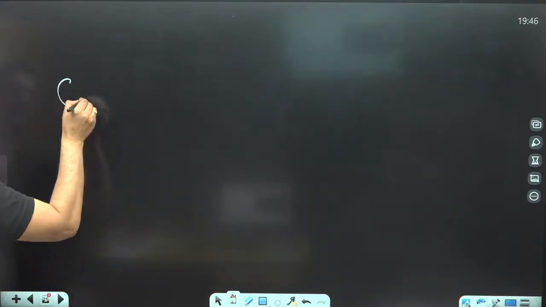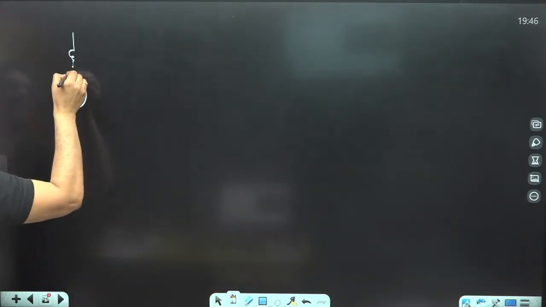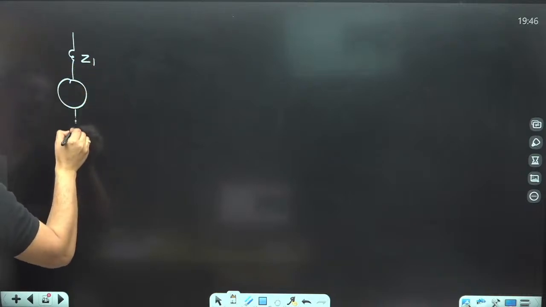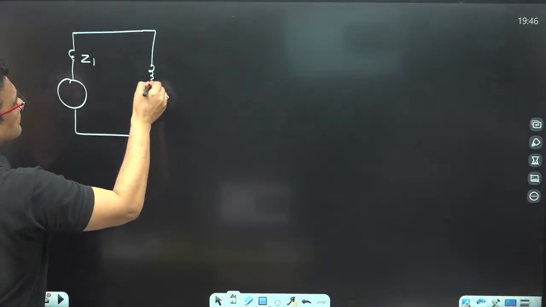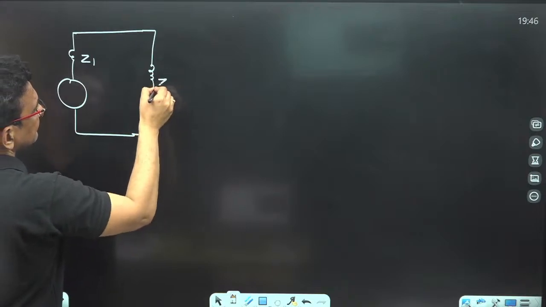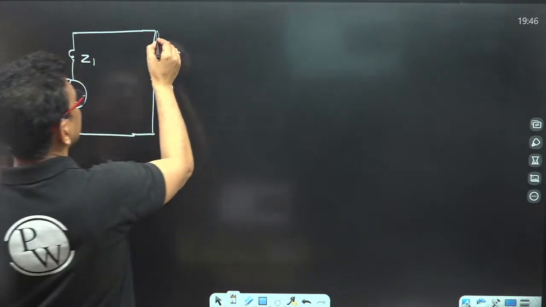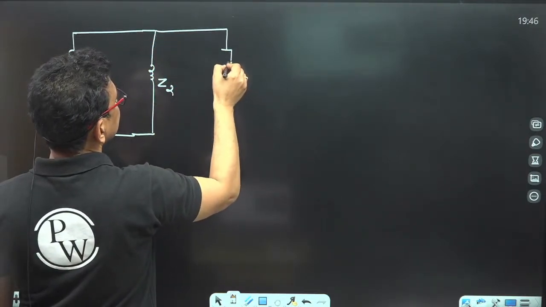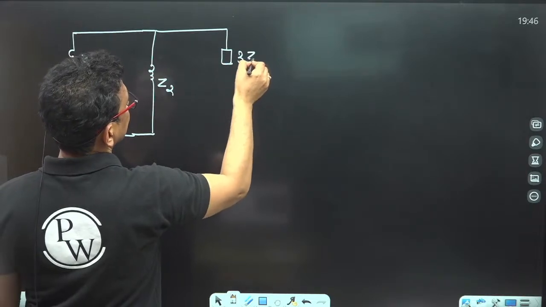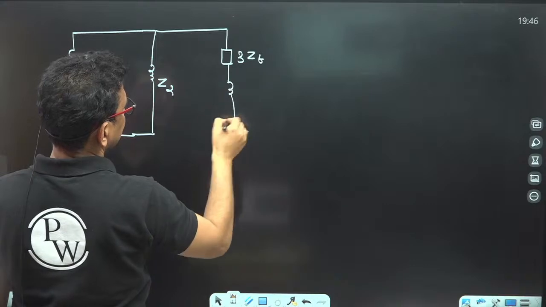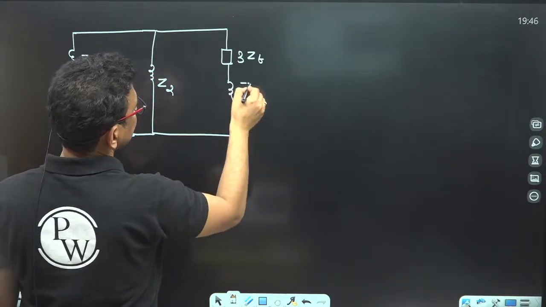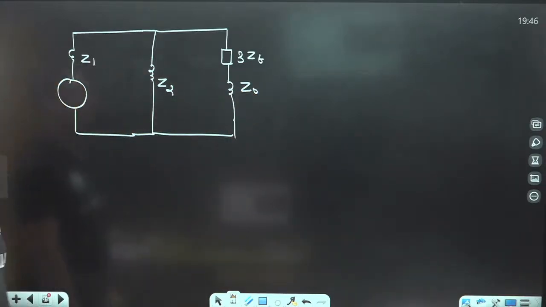I have a positive sequence network connected in parallel with the negative sequence network Z2, and between these there is an impedance of 3ZF. Between positive sequence and zero sequence network, there is a 3ZF.